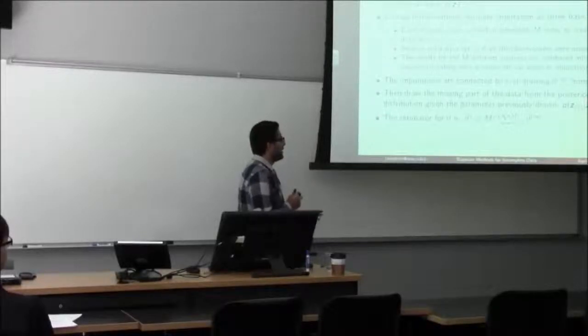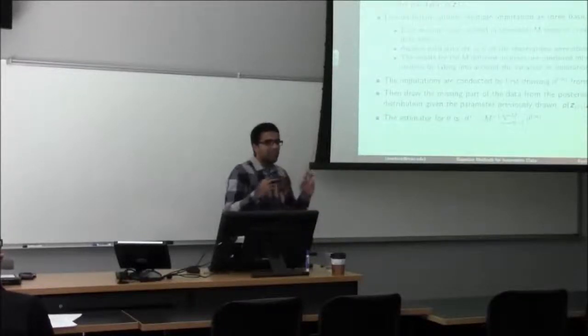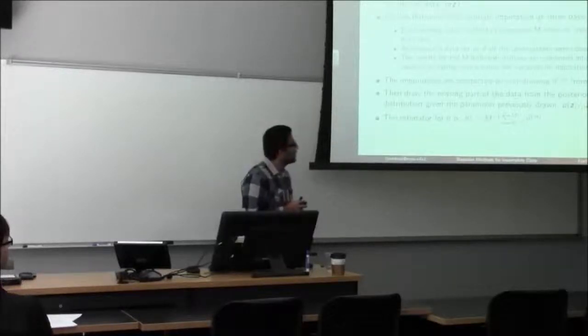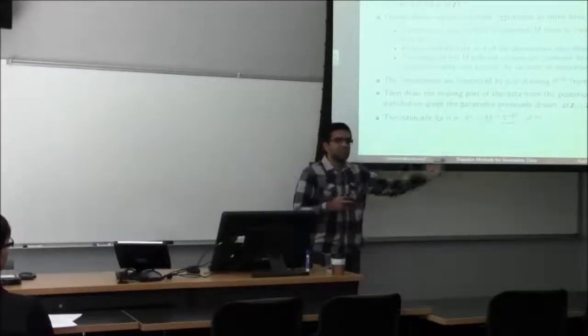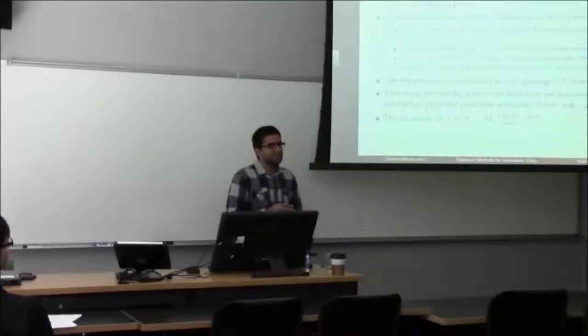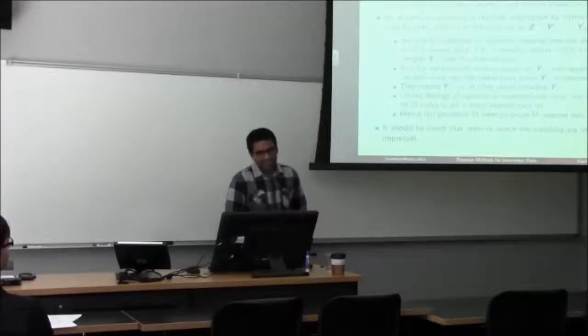So this is an approximation to a Bayesian analysis. The estimator for theta here would be just the average of the estimates that you get for each data set. Make sense? Questions? All right.